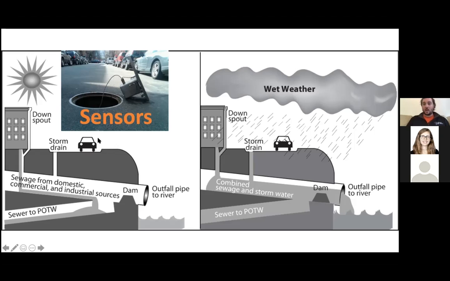Absolutely. Yep, that's a great example, and that's something that happens particularly in smaller communities here in the United States. The process of separating the combined sewer is pretty expensive and time intensive. You have to dig up all these pipes and replace them. But if it's feasible for a community, the benefits are huge because then you no longer have combined sewer overflows.